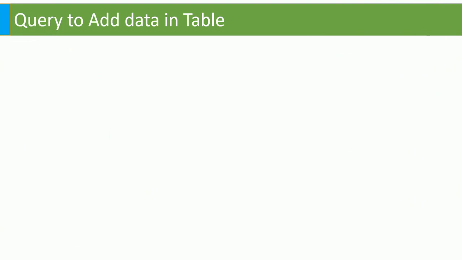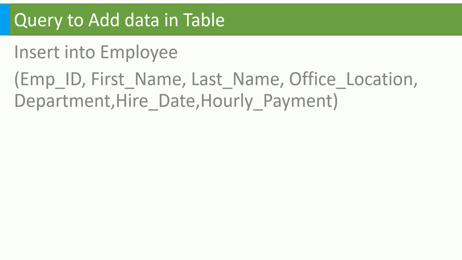Now here is the syntax for how you can add the data. You need to use the INSERT INTO command, and then the table name, say Employee. Then in brackets, inside you need to put all the table columns, with a comma between all your column names.